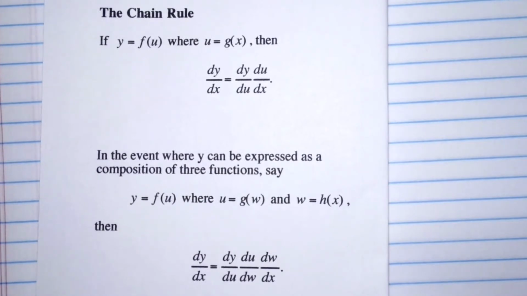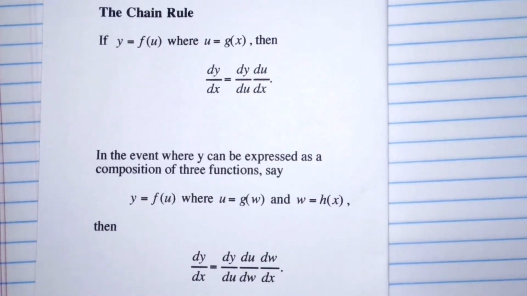Then dy over dx is equal to dy over du, so that's the derivative of y with respect to u, times the derivative of u with respect to w, times the derivative of w with respect to x. And again, you can think of the dw's and the du's as canceling out, and that's going to simplify to just dy over dx.